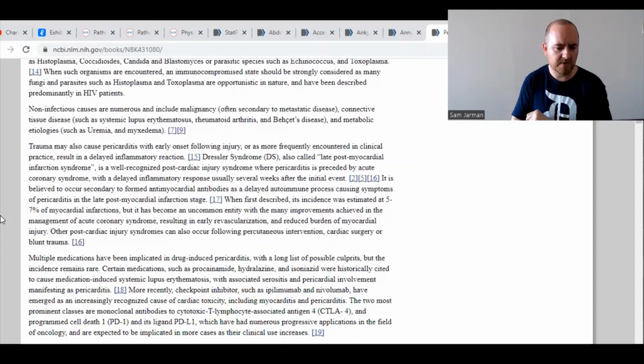Trauma may also cause pericarditis with early onset following injury, or, as more frequently encountered in clinical practice, result in delayed inflammatory reaction. Dressler syndrome, also called late post-myocardial infarction syndrome, is a well-recognized post-cardiac injury syndrome, whereby pericarditis is preceded by acute coronary syndrome with delayed inflammatory response, usually several weeks after the initial event.